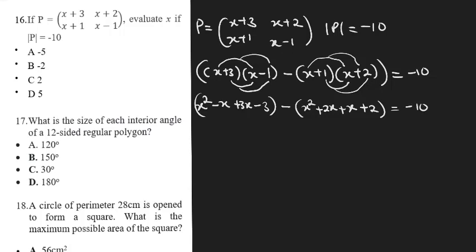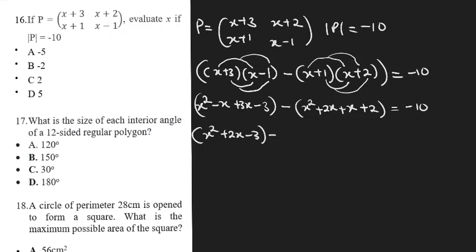In this case, we are going to add those x terms. Since they are like terms, we can combine them. So we have x squared, minus x plus 3x is 2x, just like minus 1 plus 3. So that's plus 2x minus 3.